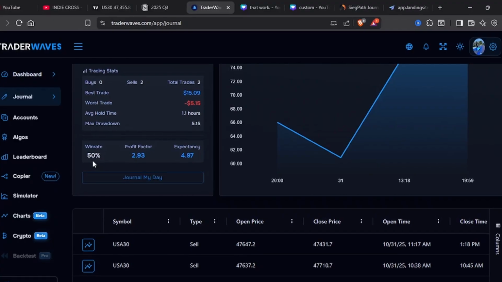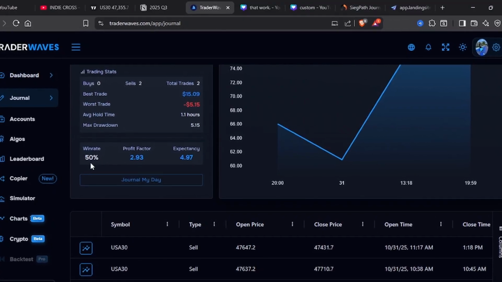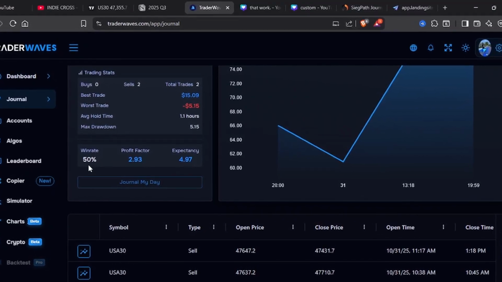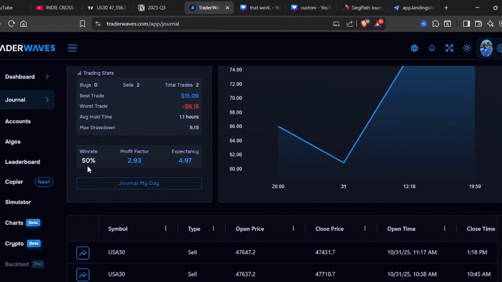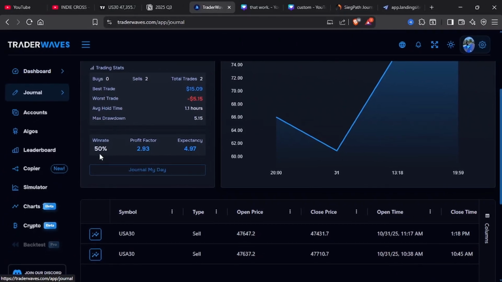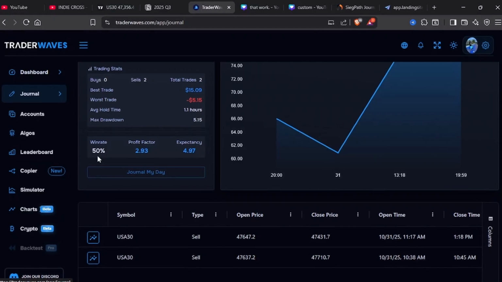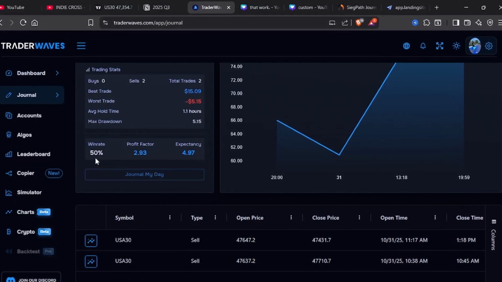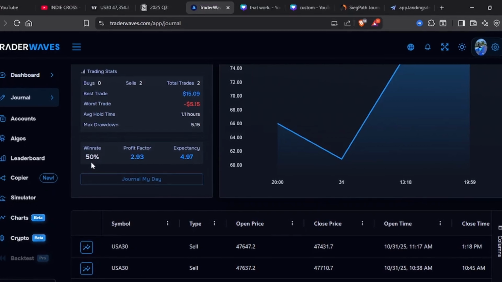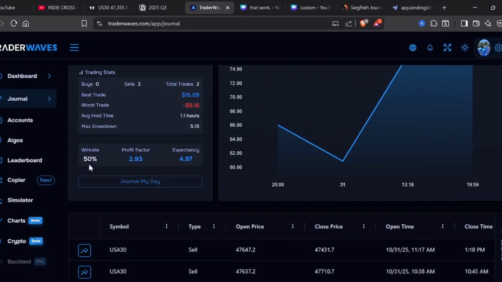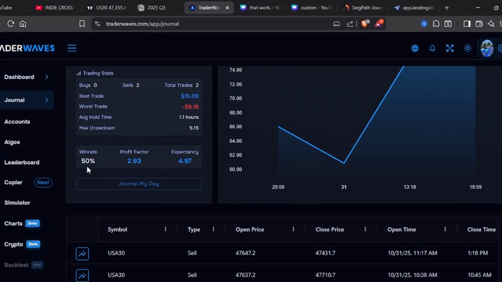But for persons who have a 65 to 45, some even 40, literally 43, 42% win rate, the percentage of profit that they overall make at the end of, let's say, 250 trades or 100 trades or 100 days is actually more than the person with the higher win rate.